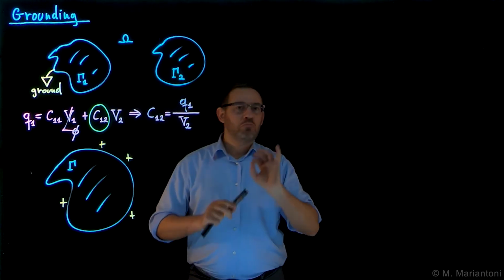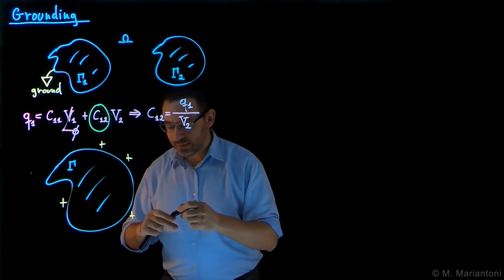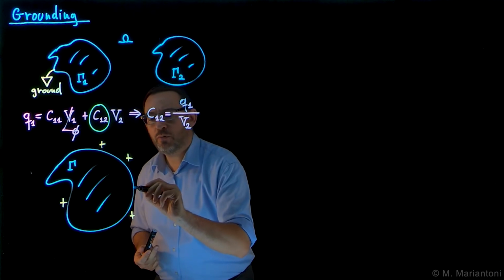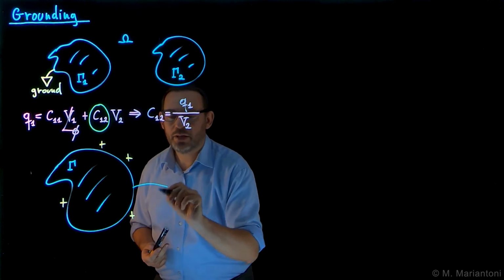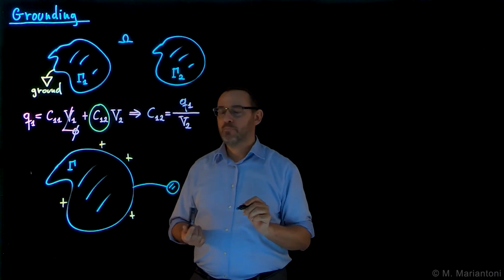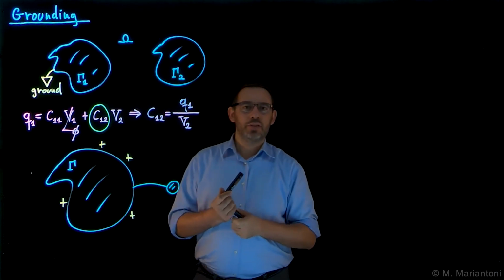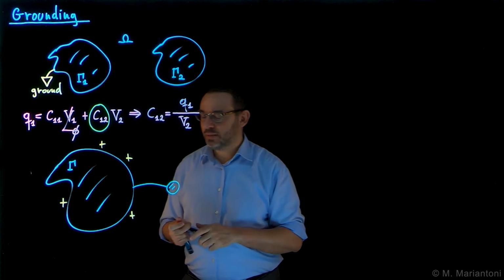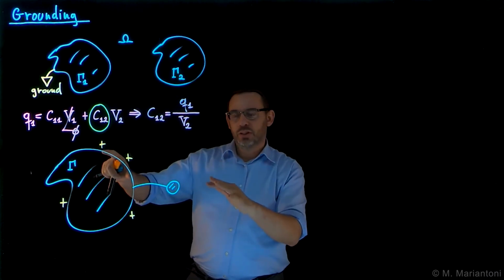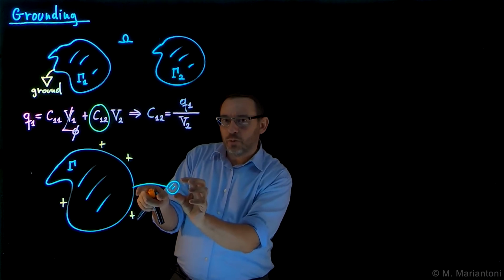Well, let's begin with a simple scenario. We connect this object, by means of a very tiny wire, to a tiny object here, another tiny conductor. In this case, and this is in fact in one of the home assignments as well, the total charge is conserved in this system, but I add another conducting object here.